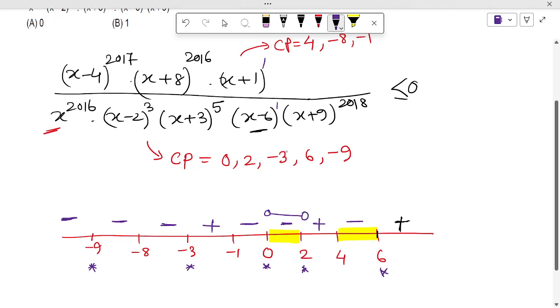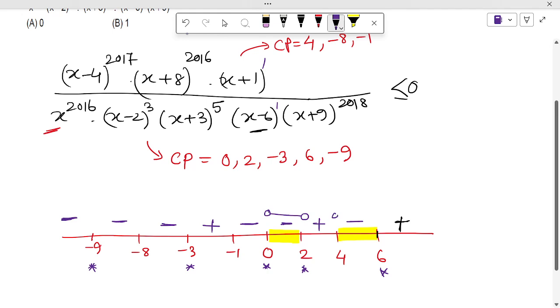The answer is 0 to 2, but 0 and 2 will not come. Why? Because the roots 0 and 2 come from the denominator, and the denominator cannot be 0. For the value 2, the denominator goes to 0, which makes the whole expression undefined. So 0 and 2 will be excluded from the answer.